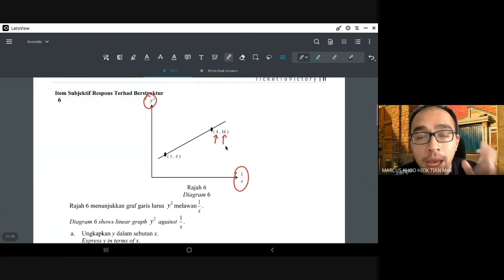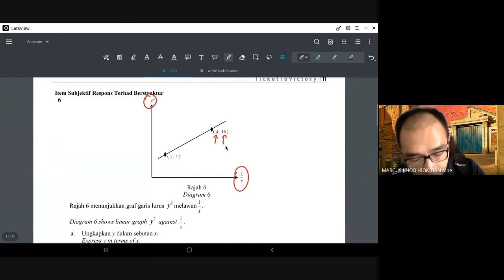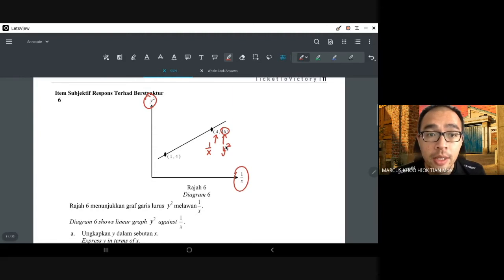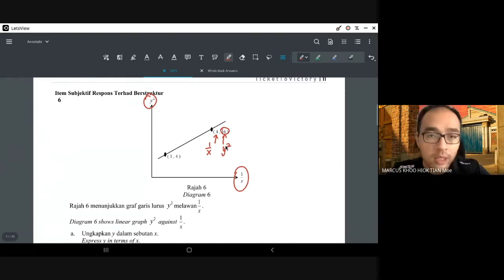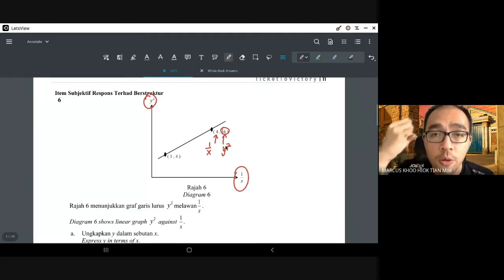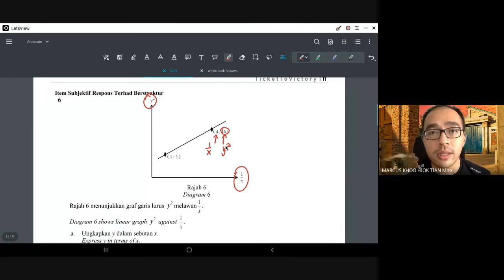So look at the axes correctly. 4 is actually 1 over X, and 16 is actually Y squared. That's a very important thing. Don't be trapped in X, Y, X, Y. Cannot. We need to open our minds and consider that there are always other possibilities.